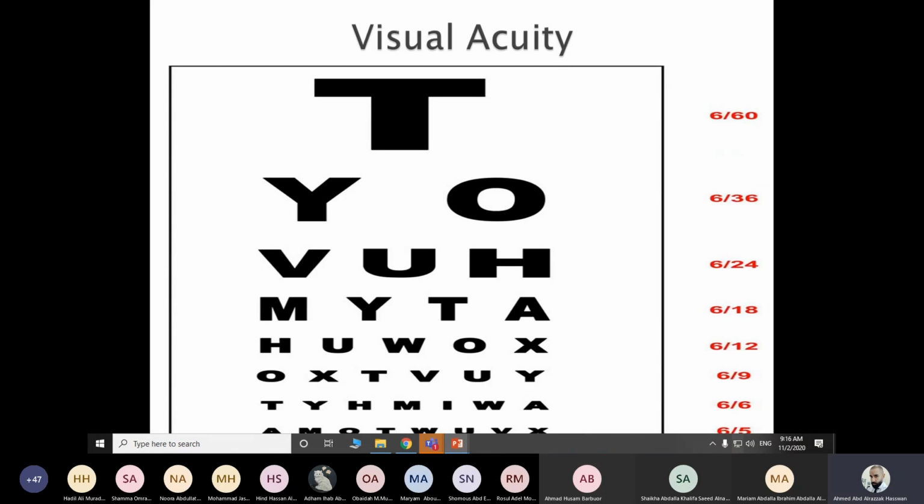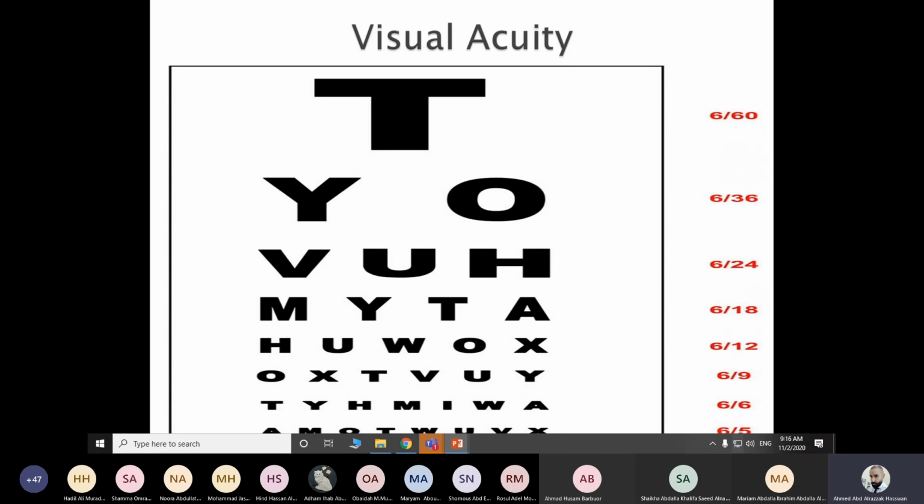Okay, guys. So if our patient couldn't appreciate the big T from 1 meter away, there is no point in asking him to approach even more, because 1 meter is very close to the eye chart. So simply we will ask the patient to count the fingers. You will, with your hand, make, for example, 2 or 3 fingers and ask him, how many is this?